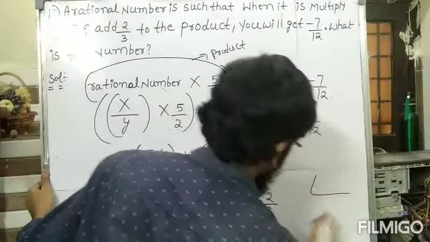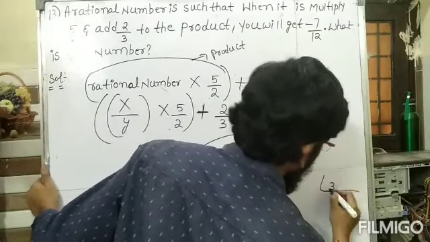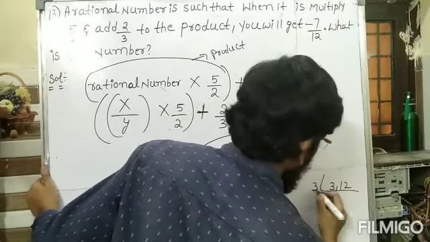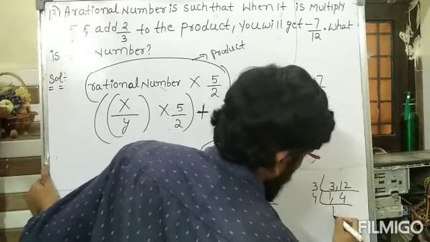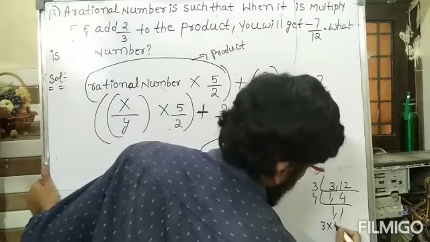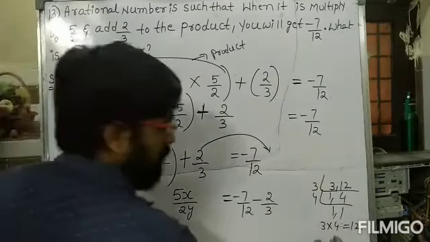Perform LCM here. The numbers are not equal. Go with LCM of 3 and 12. 3 ones, 3 fours. So again 4. 3 into 4 is equals to 12. LCM is 12.